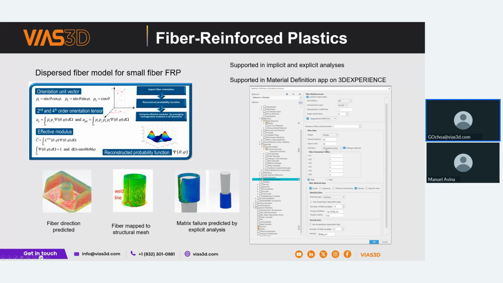Then the fiber orientation tensor, this is going to be overridden by the fiber direction prediction. And in the last section, we can define the material properties for the inclusion or the fiber. We can see here we have the possibility to define elasticity, expansion, thermal conductivity, the density, and the specific heat properties for the inclusion, that is the fiber.